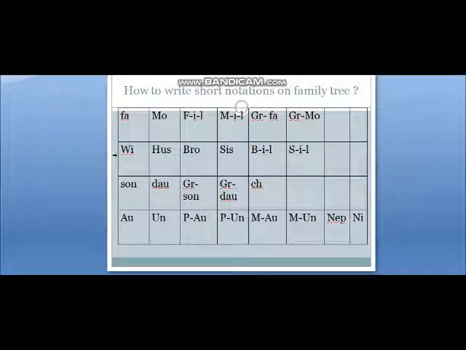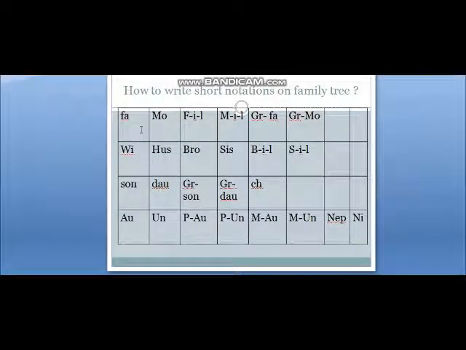ठीक है, or if the name of the person is given, then also you can write it in short with the first letter. If the name is given, suppose the name is Ramesh, so you can write R for that. Okay, so how to write short notations on a family tree?